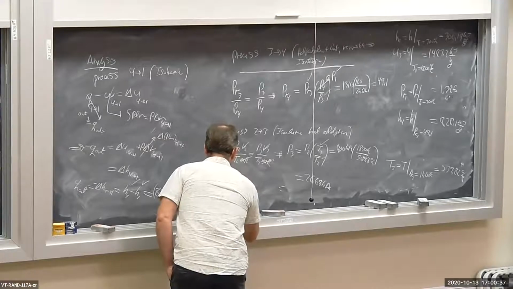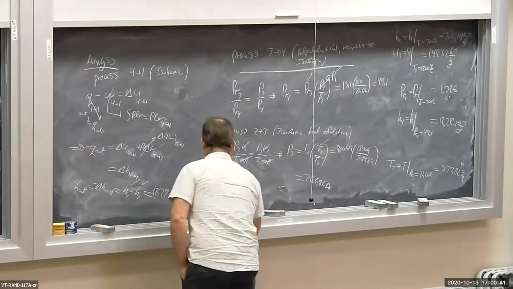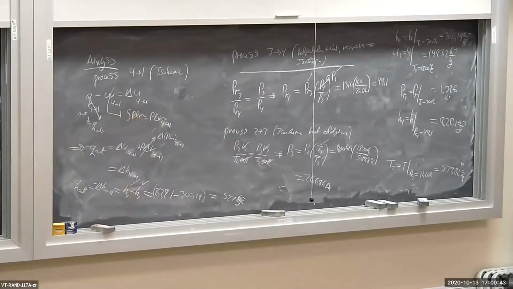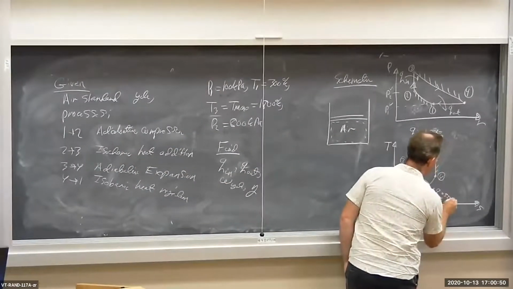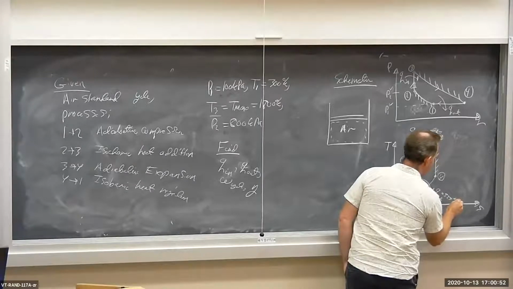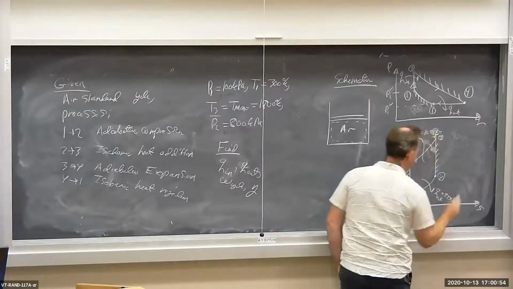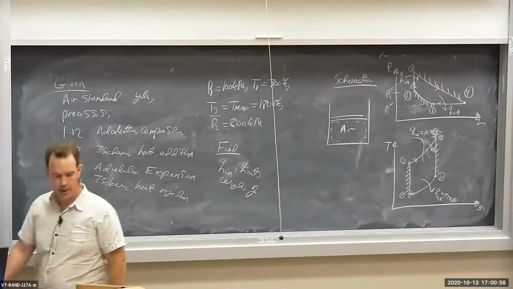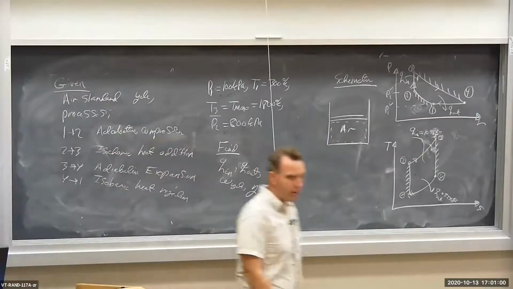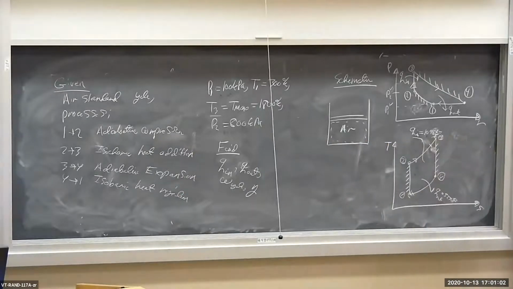Running out of space here. Let's put it here. So this is 527 kilojoules per kilogram. 1,098 goes in. 527 goes out. What's the net work over the cycle?